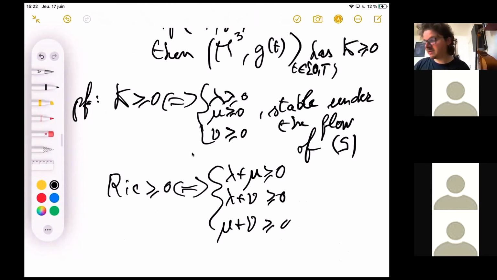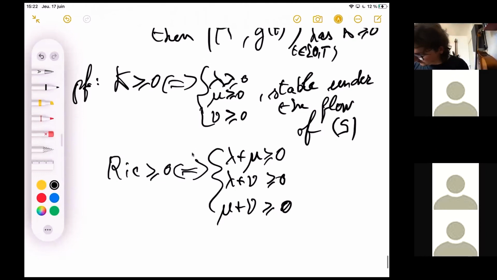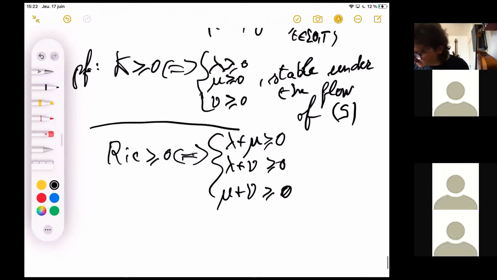And you can play the same game. So assume that at one point, one of those three quantities along the solution of the vector field vanishes, and compute the derivative at this point. And you will see it needs to have a sign and so on. Okay, so this is preserved too.